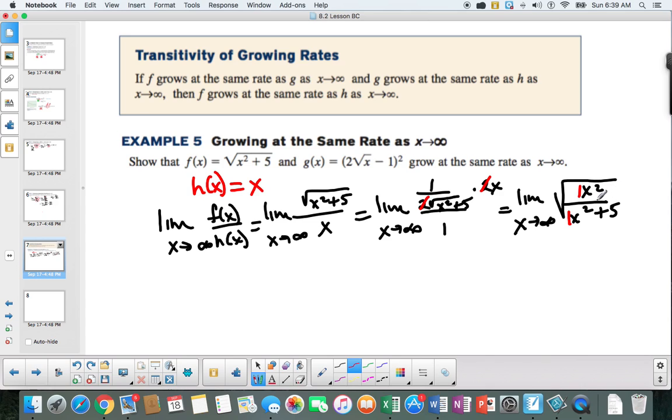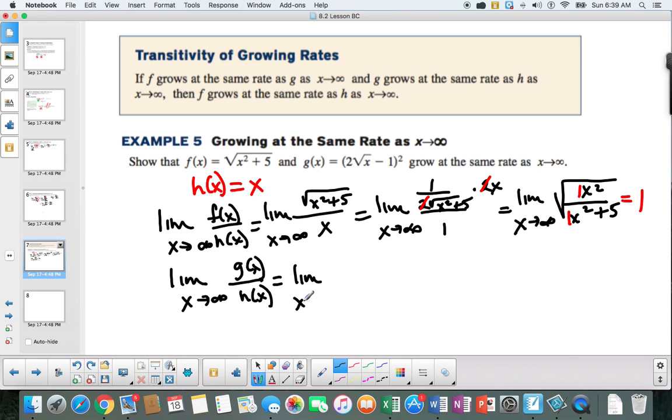And this whole thing is going to get close to 1, and the square root of 1 is 1. And I think I could have done that way back here without using L'Hopital's rule. So I think I've learned my lesson, and maybe I'll do that when I compare g of x with h of x.